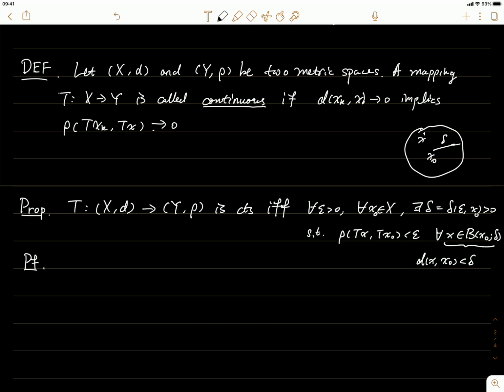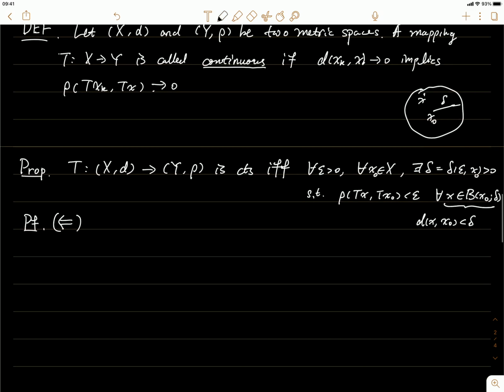Okay, let's see how do we prove this. Suppose that we know this is true, and we're going to show that this mapping is continuous.